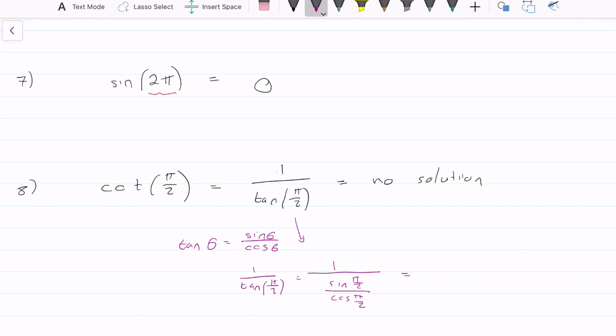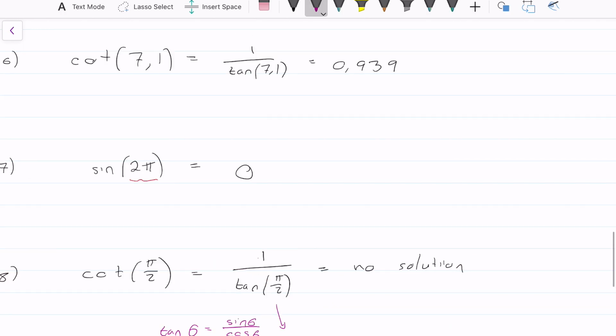Rearranging it, we get cos pi over 2 over sine pi over 2. What is the value of sine pi over 2?